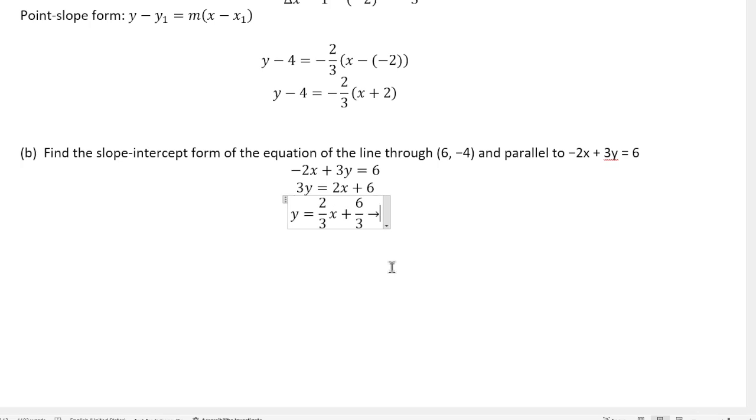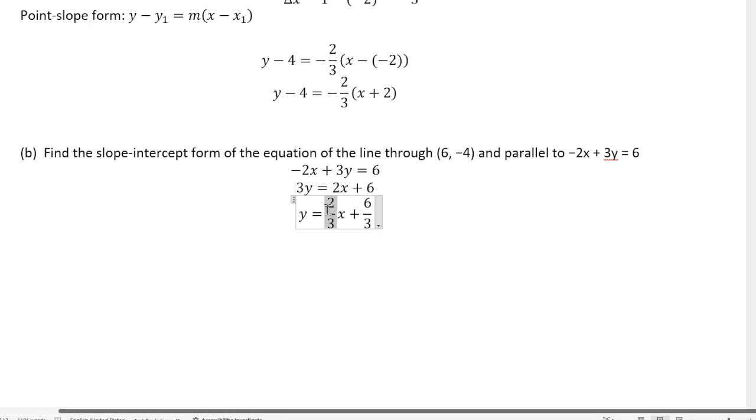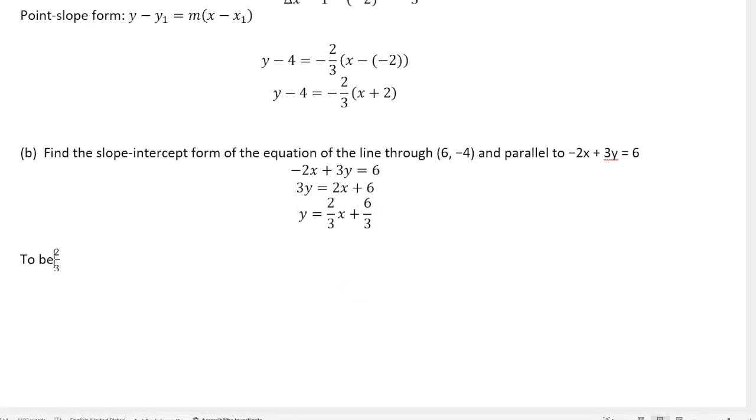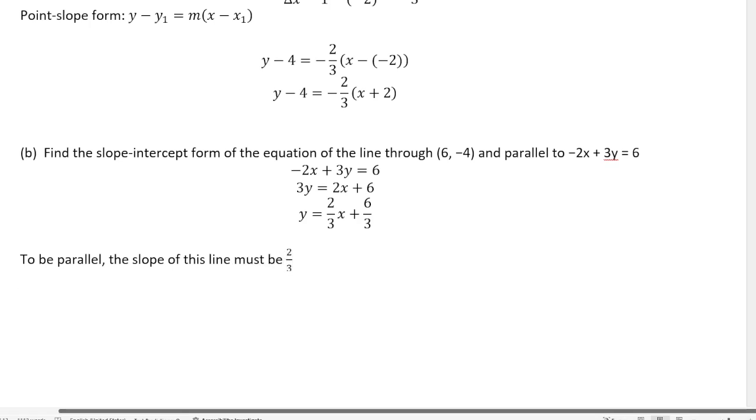It doesn't matter what 6 divided by 3 is; this is the slope that we have to use. So, to be parallel, the slope of this line must be 2/3. It has to be the same slope.